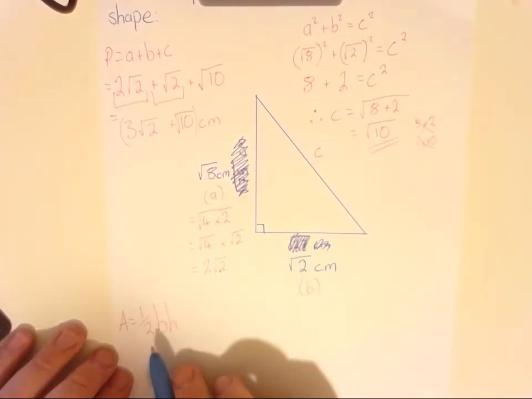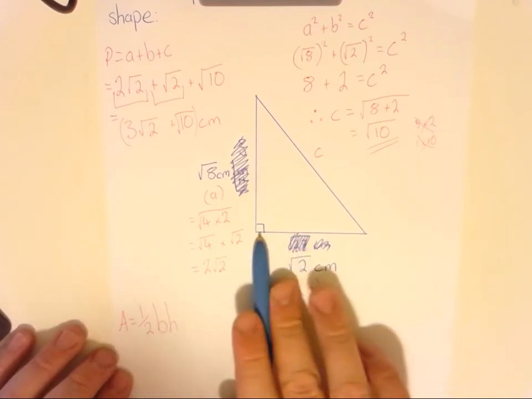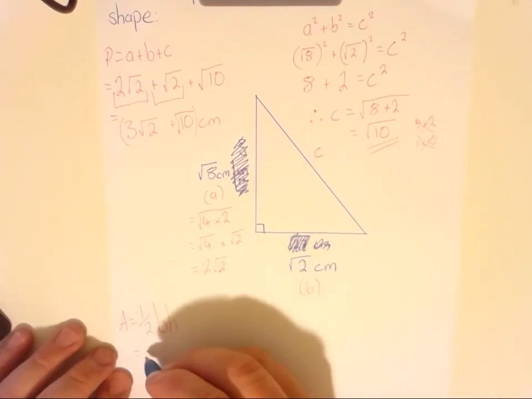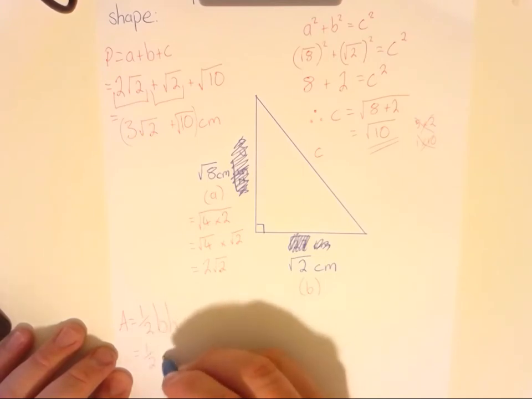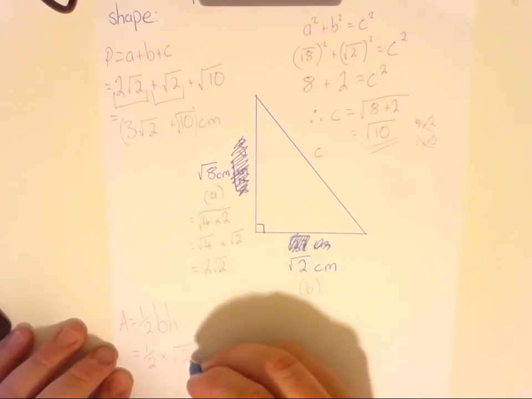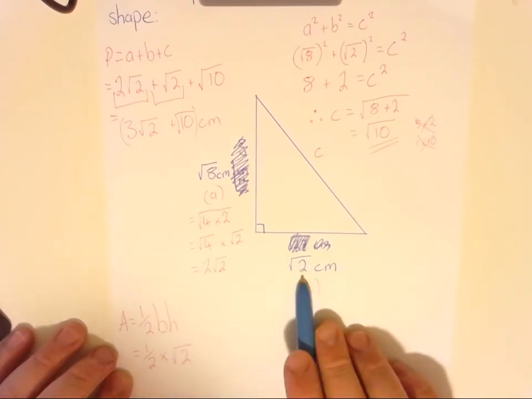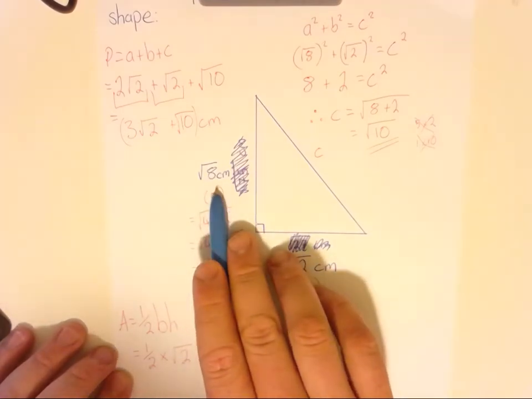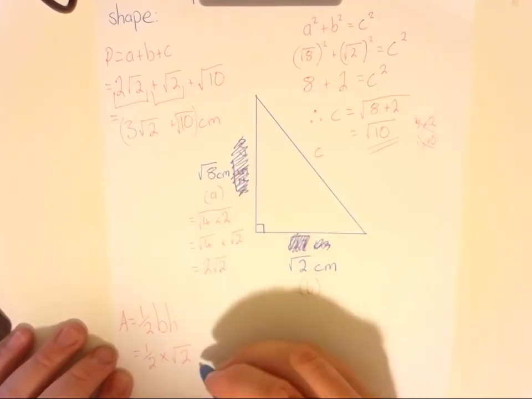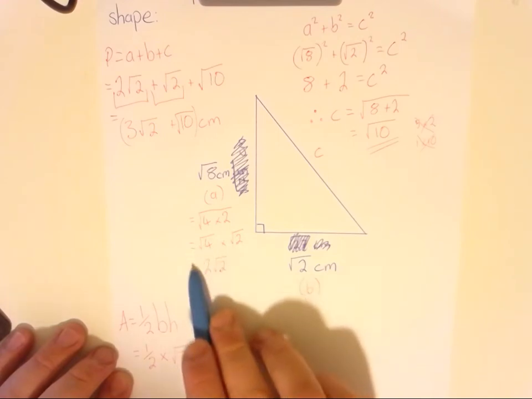The base of my triangle is this bit here, my b, so root 2. So I'm going to get a half times root 2. And then I'm going to get my height, which in this case is going to be a. So there's root 8 here, but we've actually identified this to be 2 root 2.